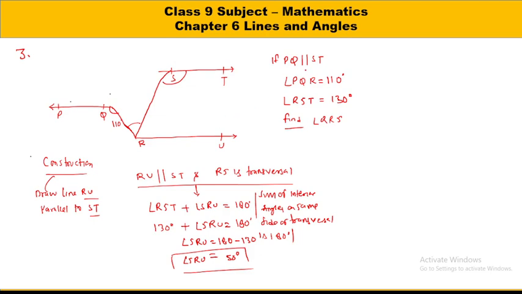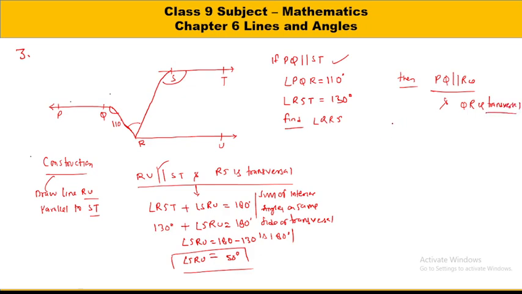Now if PQ is parallel to ST and RU is parallel to ST, then we can say that PQ is also parallel to RU, where QR is the transversal.